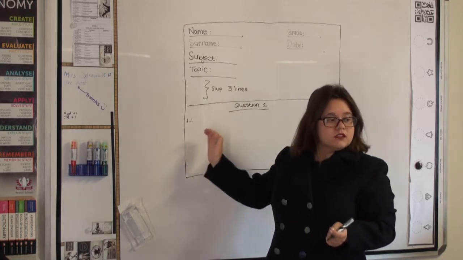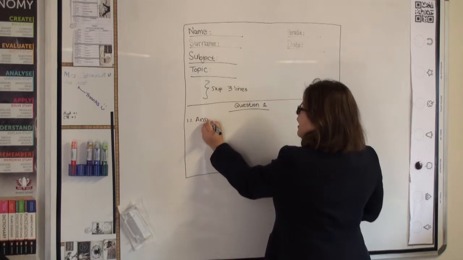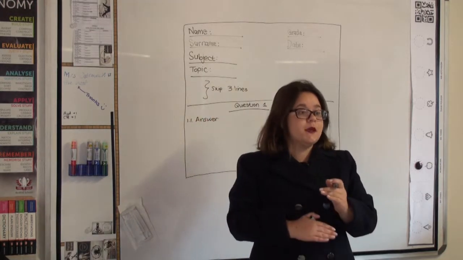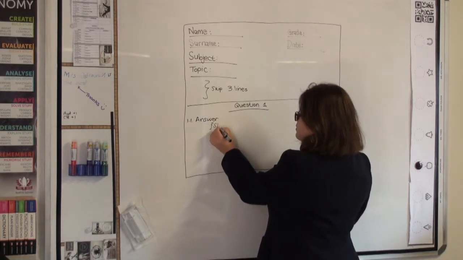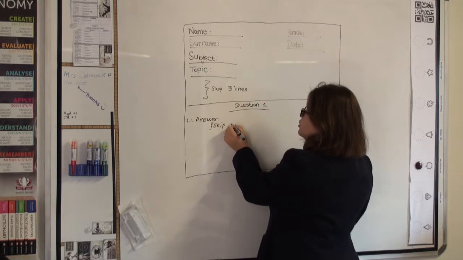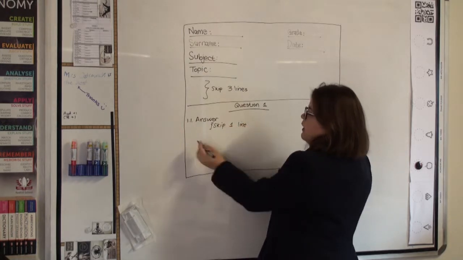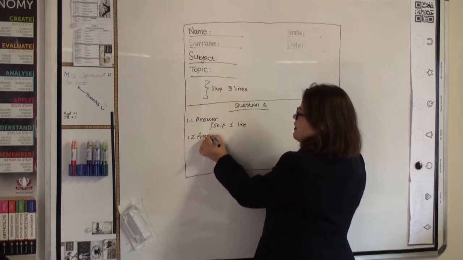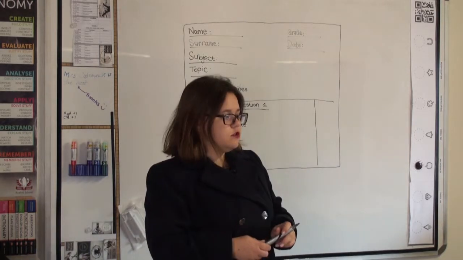You will then answer the question. At the end of your answer you should skip a line. So you skip 1 more line before you move on to the next one. Okay? And then you start 1.2, answer it, and you repeat as many times as you need to.